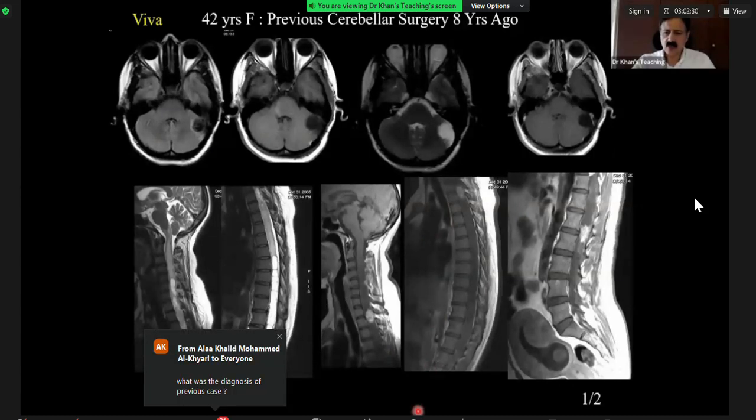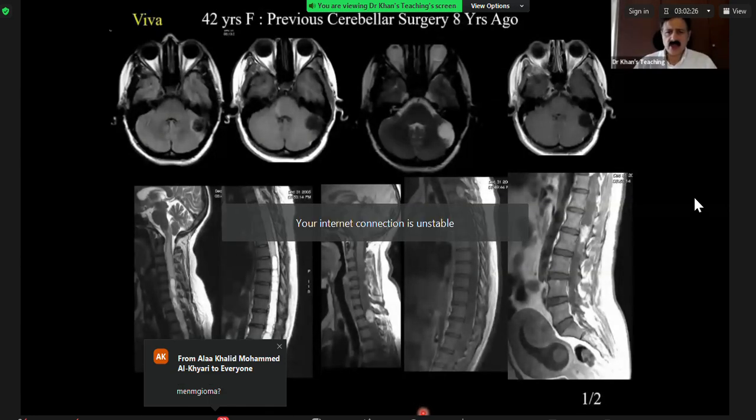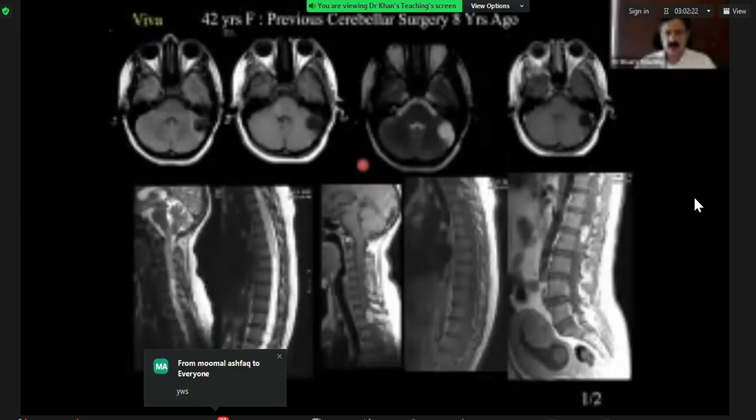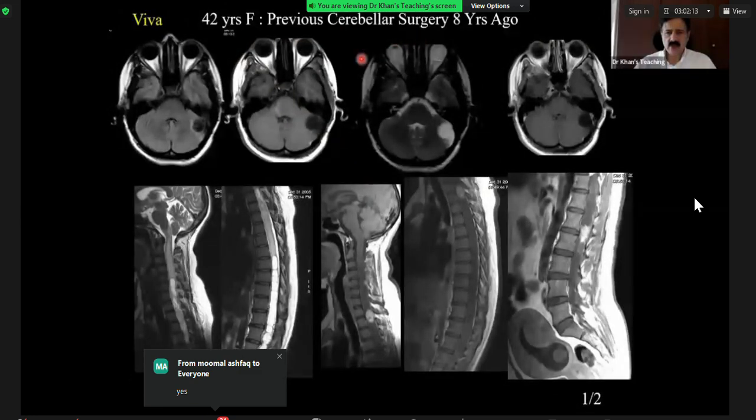Okay, now I'll explain to you one finding and then I'll hand it over to you. Now, this patient is a 42-year-old female. The patient had previous cerebellar surgery 8 years ago.